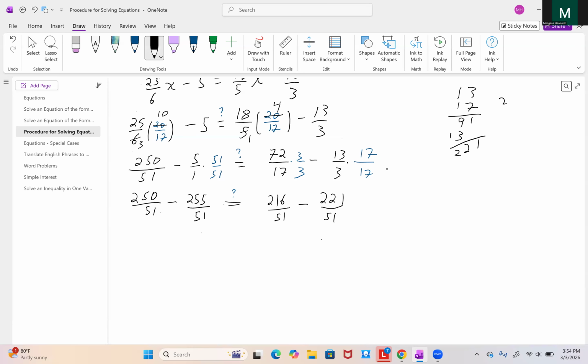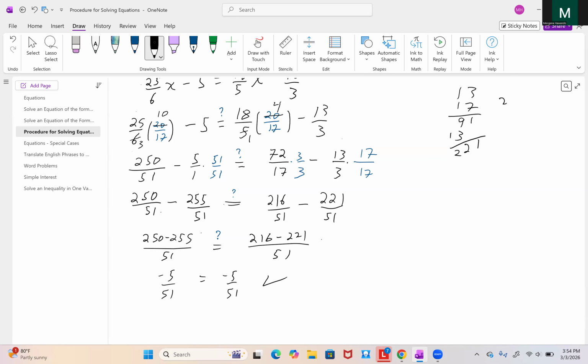So this here, 250 minus 255 over 51 is equal to 216 minus 221 over 51, question mark. 250 minus 255 is minus 5 over 51. 216 minus 221 is also minus 5 over 51.